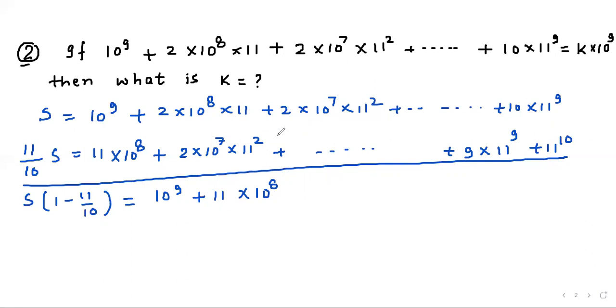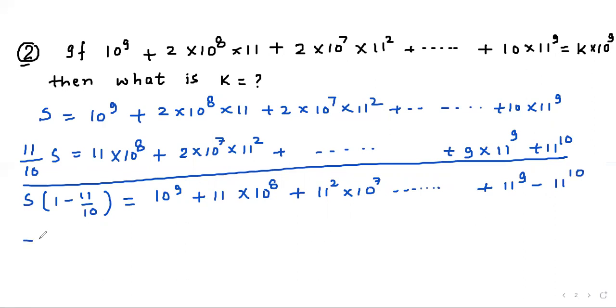Similarly, we will subtract, and the next term will be 11 power 2 into 10 to the power 7, dot dot dot dot. The last term will be 11 power 9 minus 11 power 10.